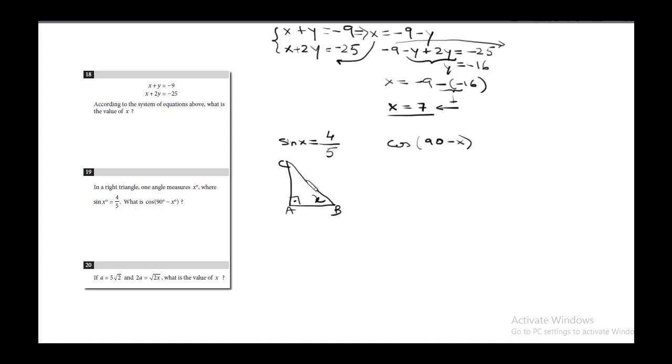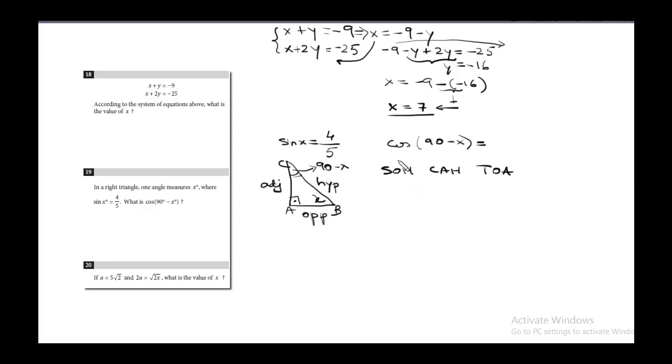In the triangle, 90 minus x would be the angle C, because together angles B and C are equal to 90 degrees. So this is 90 minus x. Remember SOH CAH TOA: sine of angle C is opposite over hypotenuse, cos of angle C is adjacent over hypotenuse, and tan is opposite over adjacent.